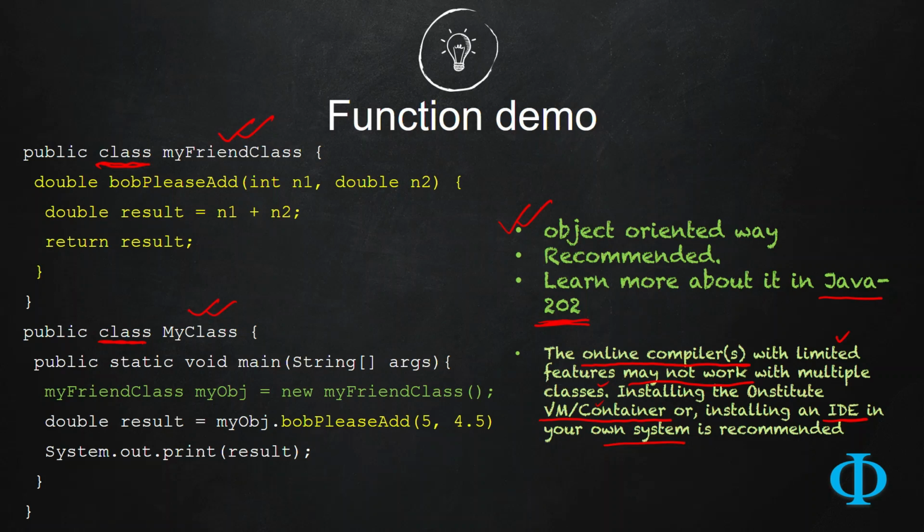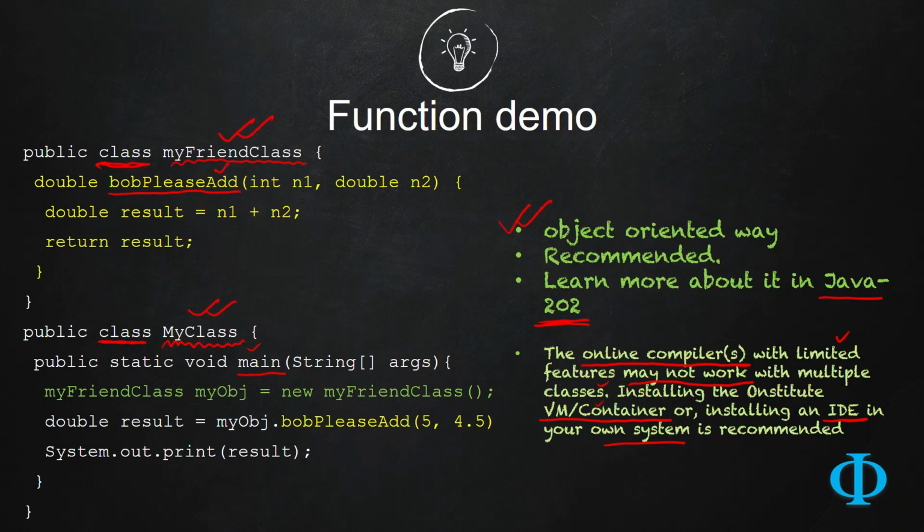Instead of defining the function Bob please add and void main inside the same class as before, I have separated them into two different classes. The Bob please add function is inside this MyFriend class, and the main function is inside this My class.